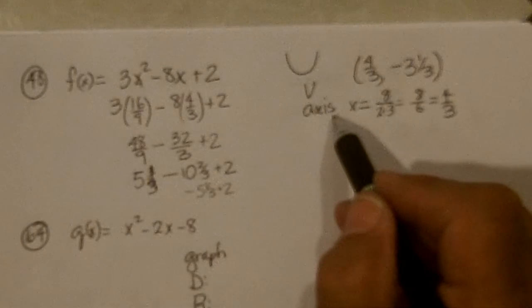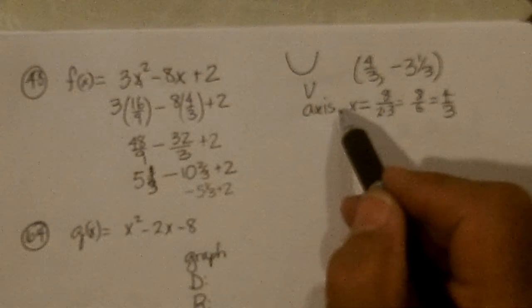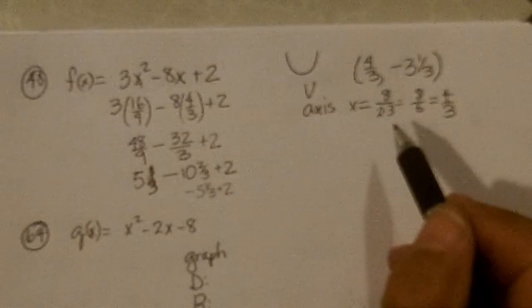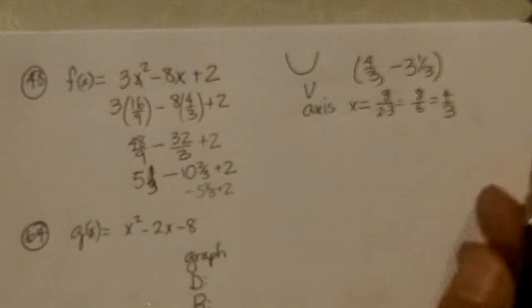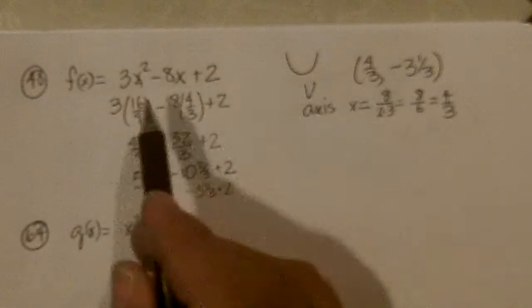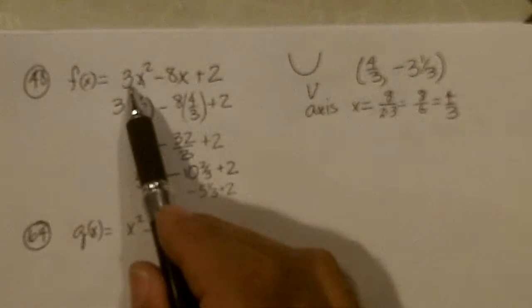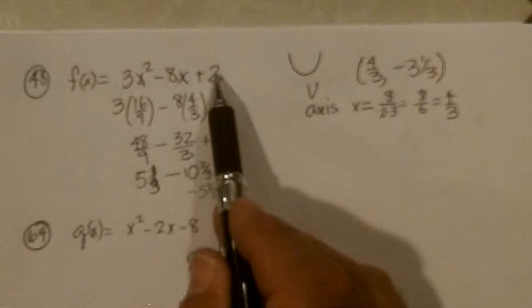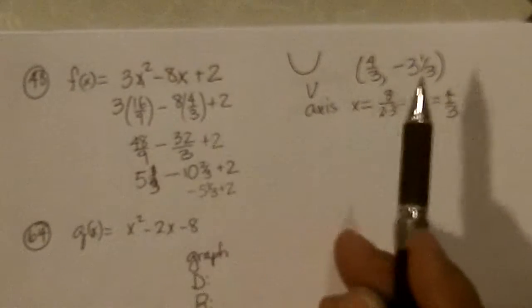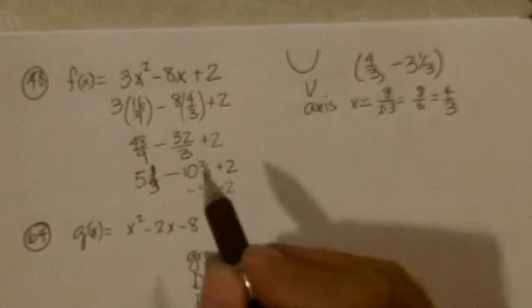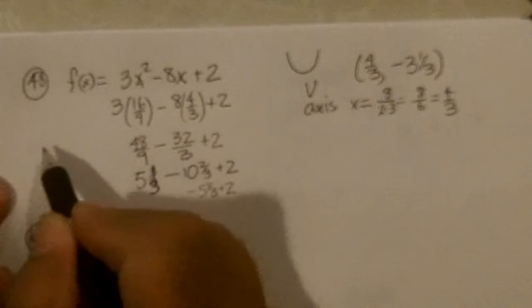Vertex, axis of symmetry, we're supposed to do intercepts. The x-intercepts, I'd set this equal to 0. Does that factor? Nope, so I'll use the quadratic formula.